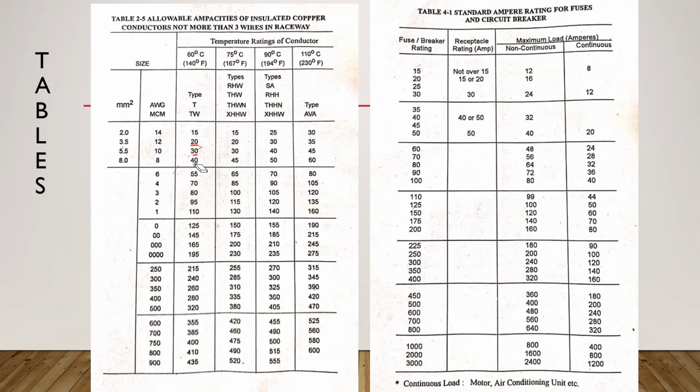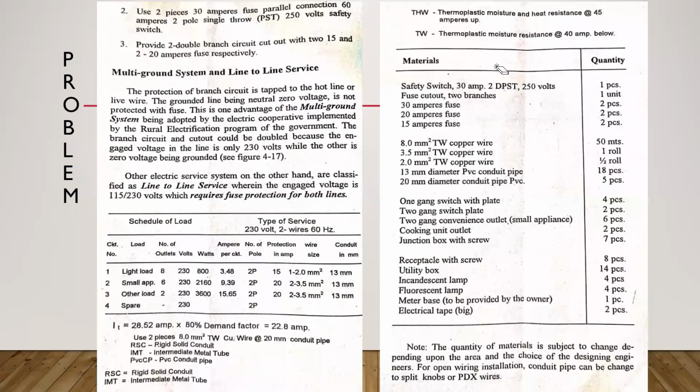So 40, 60 amp yung ating gagamitin para sa main breaker. So, we will use two 30 amperes fuse parallel connection na magiging 60 amperes two pole single throw or yung ating PST, 250 volts safety switch.